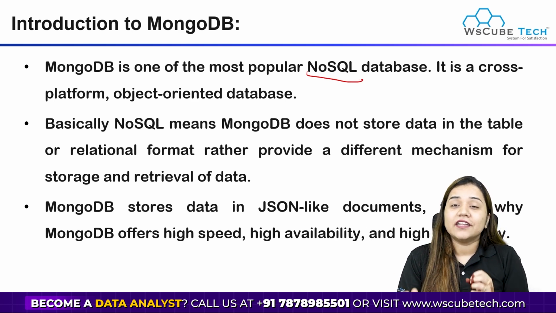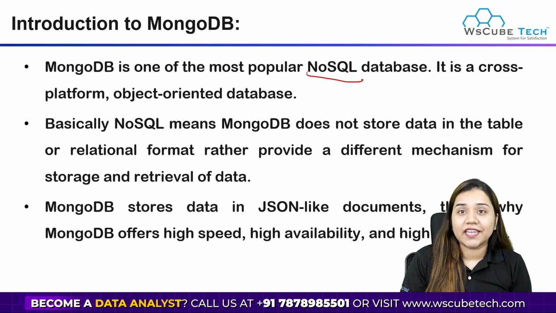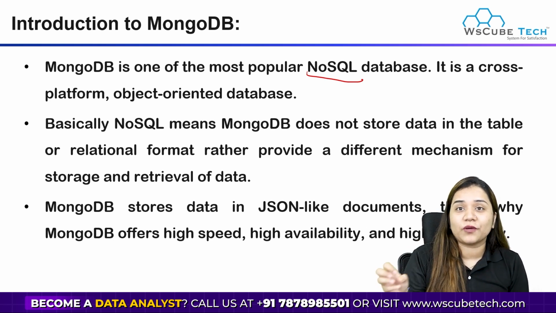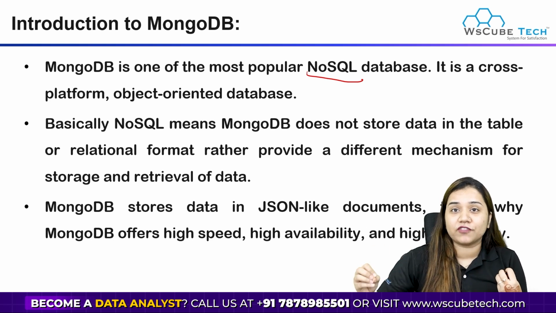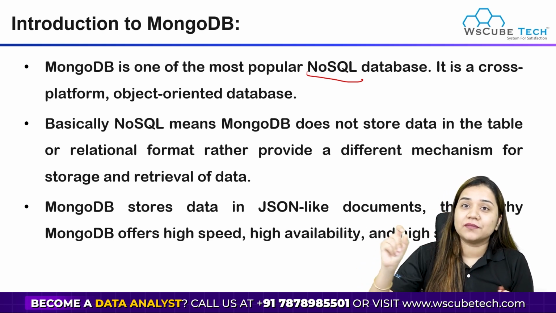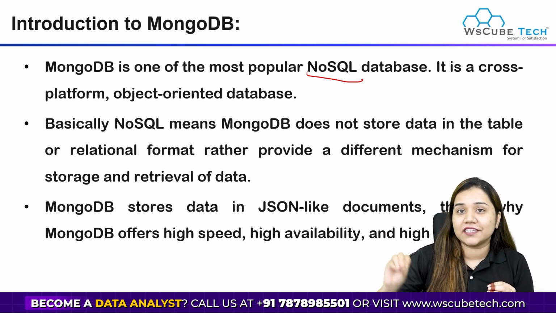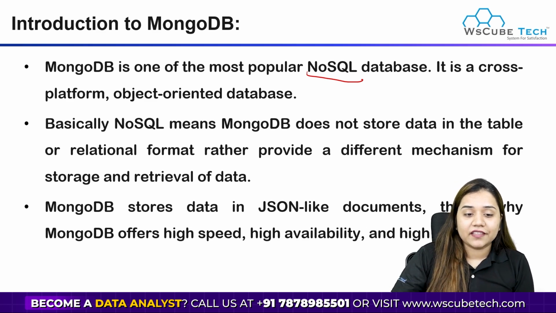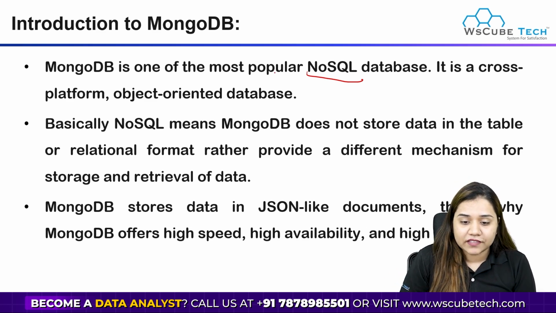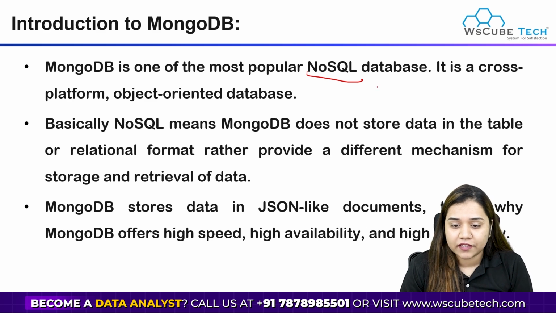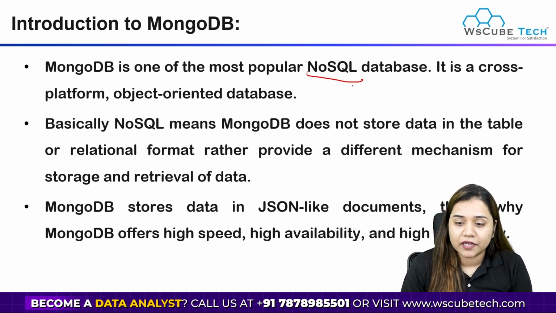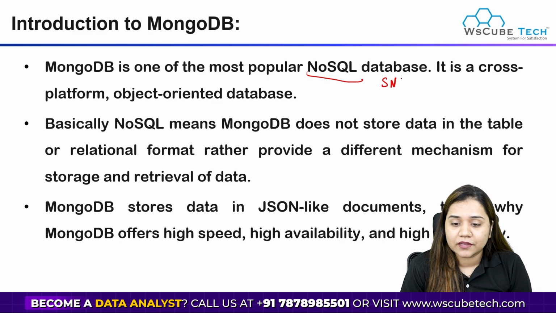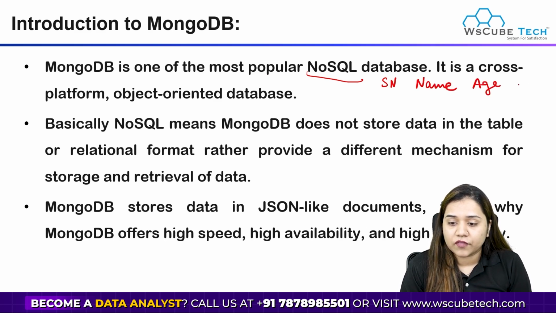Let's understand that. In SQL, when we send any data, it goes in the format of rows and columns. That means we need to create a table first. Inside the table we have columns, and every new data gets inserted in a new row, right? But here we do not create any rows. For example, in an SQL database, we have a serial number, the name, the age, and maybe other things, for example, marks of the student.